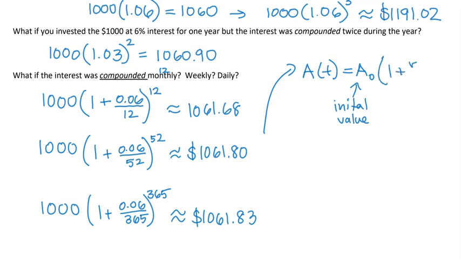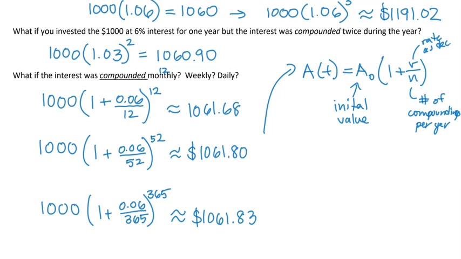And then we have 1 plus our interest rate, and that has to be written as a decimal, divided by the number of compoundings per year. And then you raise that. Basically, you're trying to raise it to the total number of compoundings that have happened.